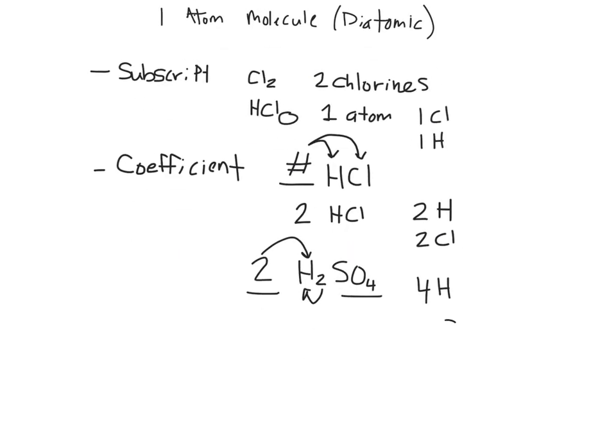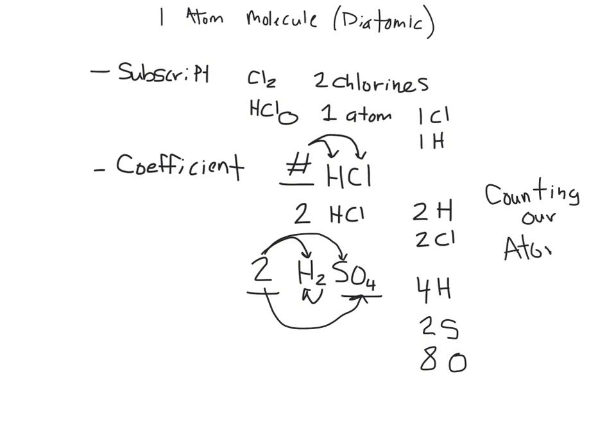If we're looking at the number of sulfurs we have, then we only have 2. Notice how I'm using this coefficient to expand out, just like you would do in math. And finally, we have oxygen. Notice the oxygen has a 4 subscript. So right off the bat, we're starting with 4 oxygen, and then we apply that 2, so 2 times 4 is 8. So this is all about counting our atoms.